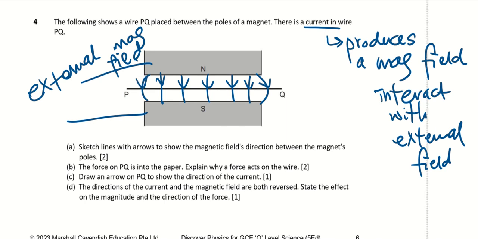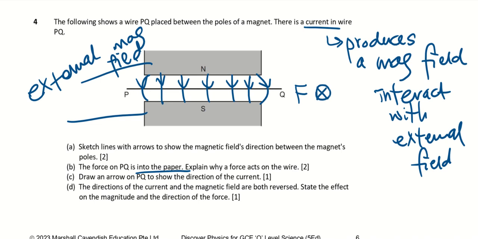Now it should be uniform, and in the correct direction. Now the force on PQ is into the paper. So they give us the force. That means it is into the paper.